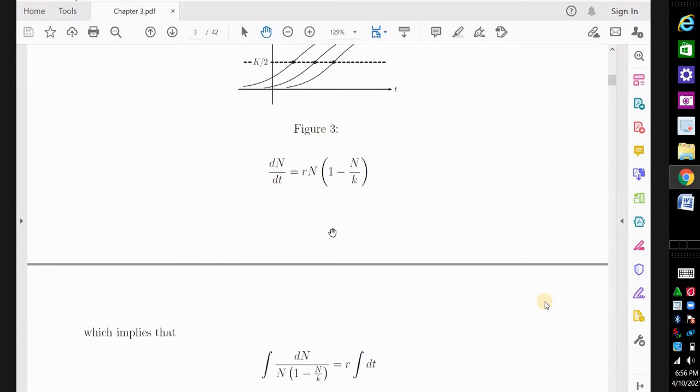just separate variables. So this is dn over n into 1 minus n over k is equal to r dt, and then take the integral. So this is the integral of dn over n into 1 minus n over k is r times the integral of dt.